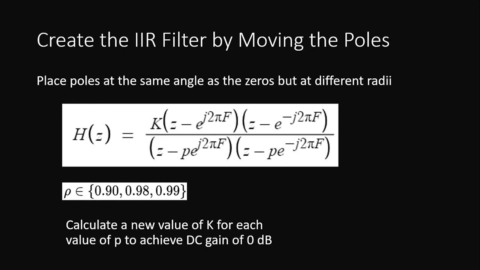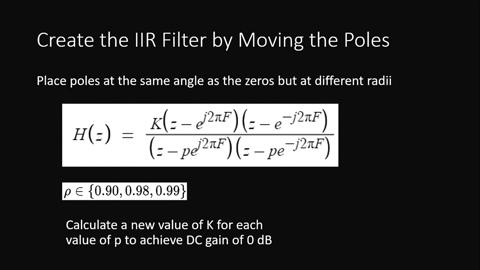So if we move our poles to locations that are on the same angle as the zeros, but at a certain radius that's slightly less than 1, since the zeros are at radius 1, then we get our poles closer to our zeros, and it will improve the response of our system such that there's less amplification at the higher frequencies, and we'll see that in the results shortly.